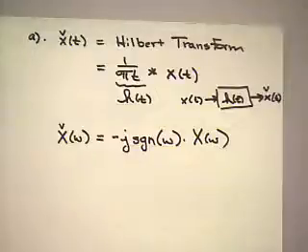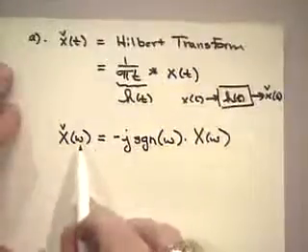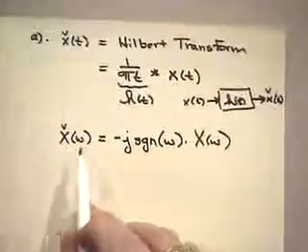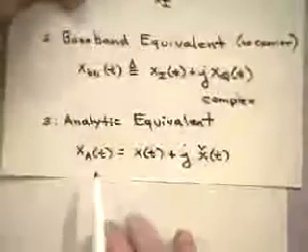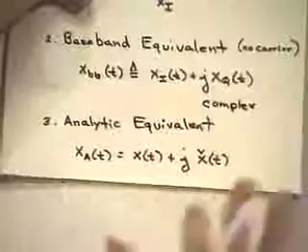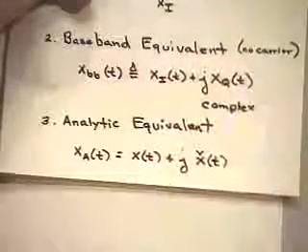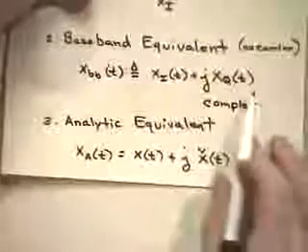That's a nice property for some things that we'd like to do. And so we have used this x check of t in the definition of something we're going to call the analytic equivalent. And this analytic equivalent is going to be useful for converting things that are passband down to baseband.